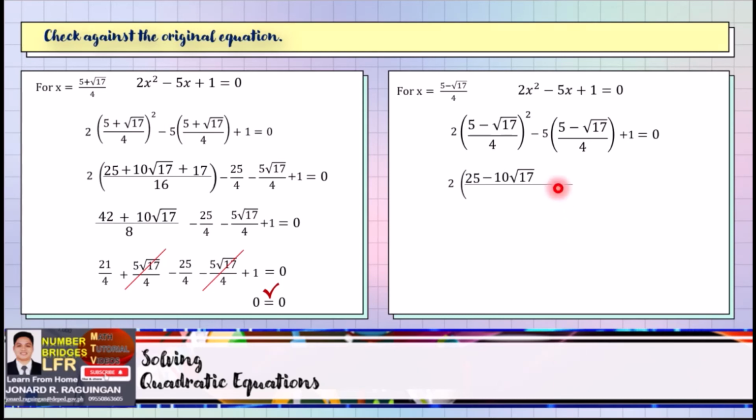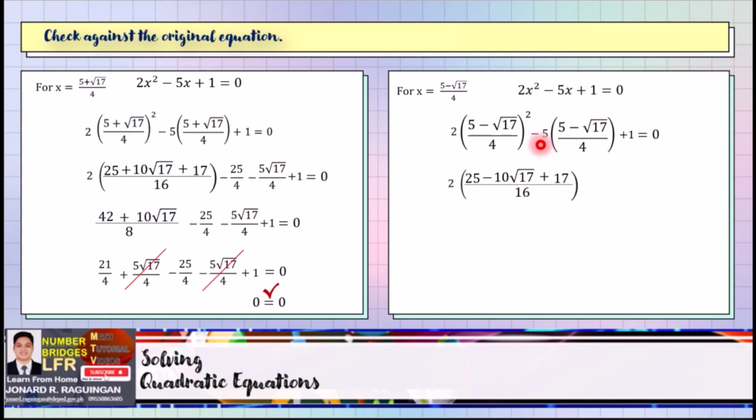Then to get the last term, square the second term of the binomial. That is the square of negative square root of 17 is positive 17. Then square the denominator, which is 4 squared, that is 16.